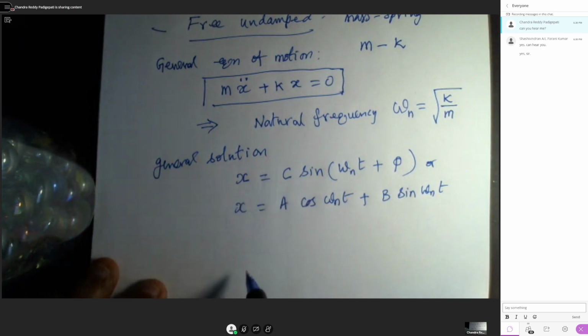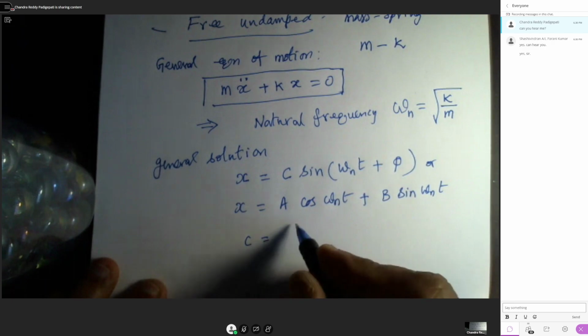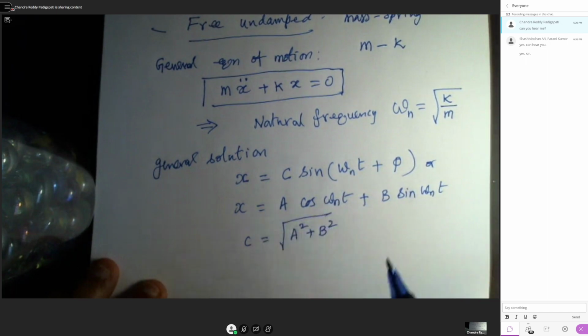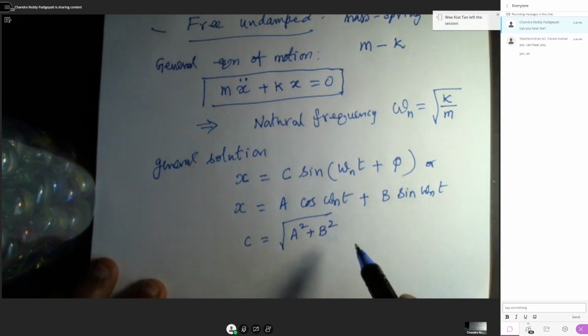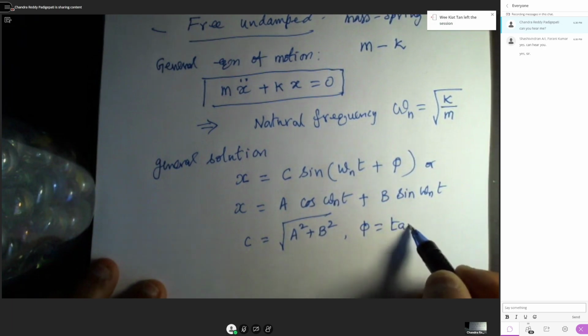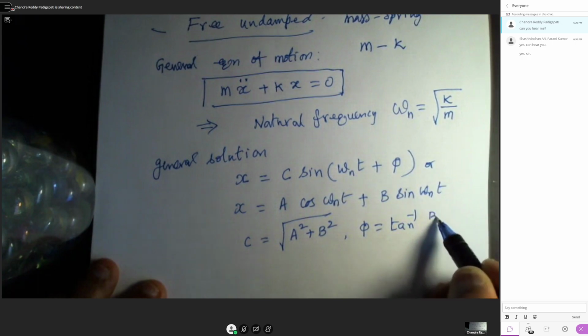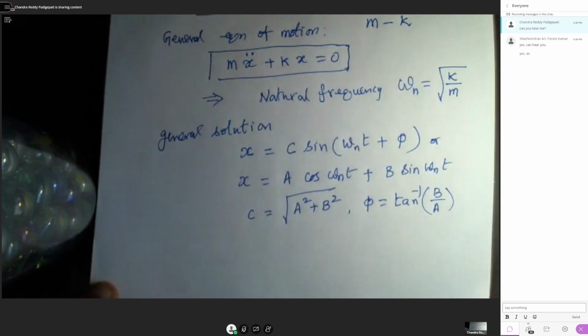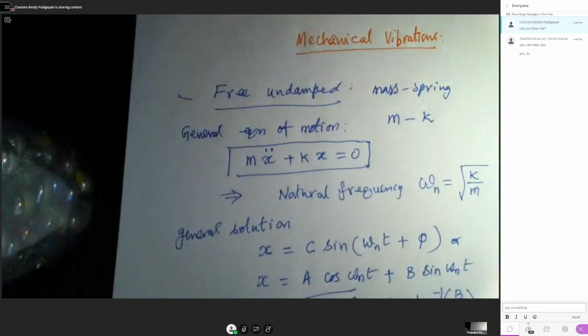When we write in this format, the c can be equated with the square root of a squared plus b squared, and the phi, the phase of the system, we can write as tan inverse of b over a. All right, so this is for a free undamped system.